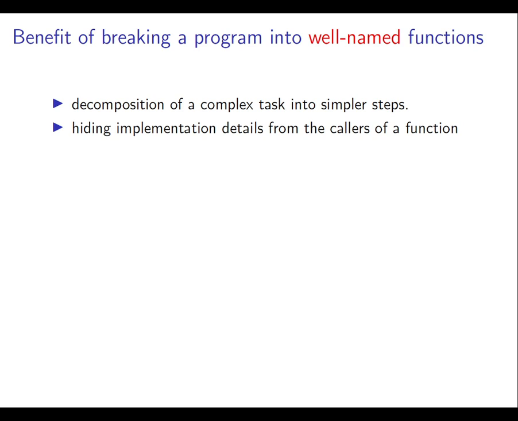The other benefit is that if the person who is in control of the code of the function is a different person from the person who's actually writing the code that calls the function, we get the extra benefit that the implementation details of the function can change without the code controlled by the person calling the function having to change at all. Of course, this requires a certain amount of trust. You have to know that the changes are beneficial, that we're not going to be sabotaging the client code there.